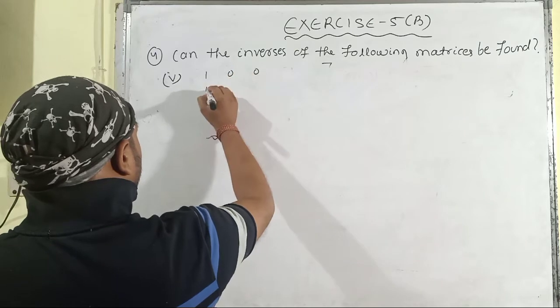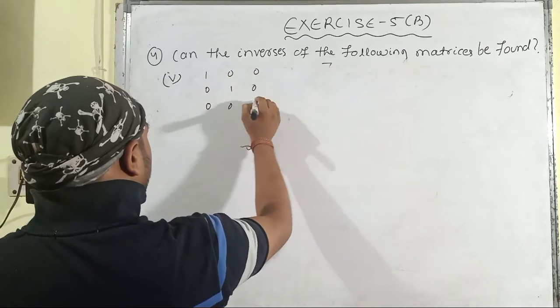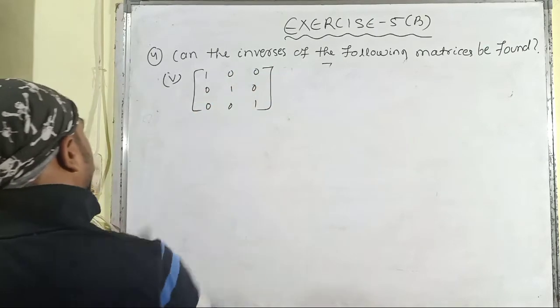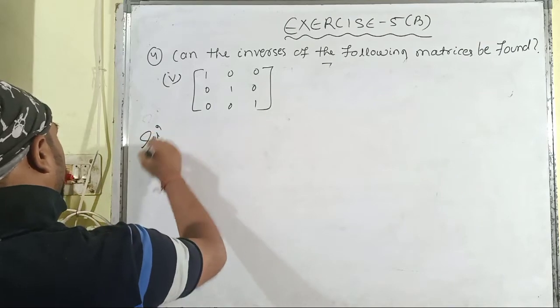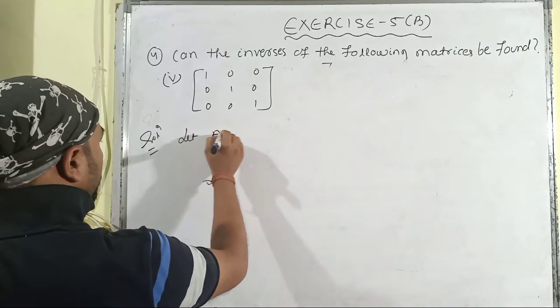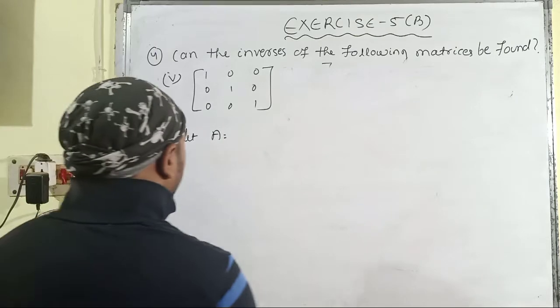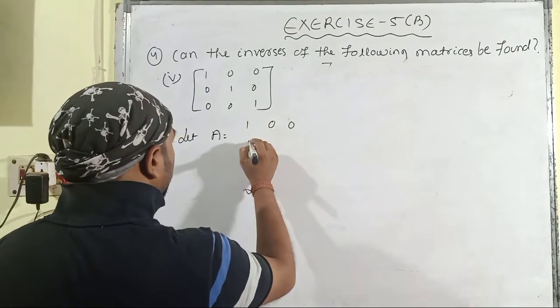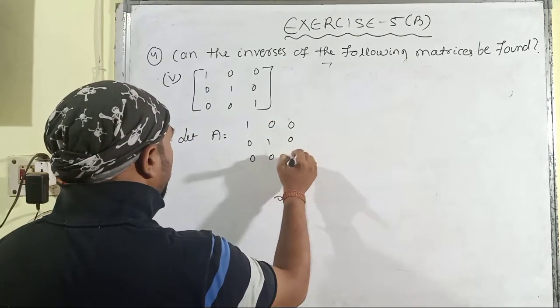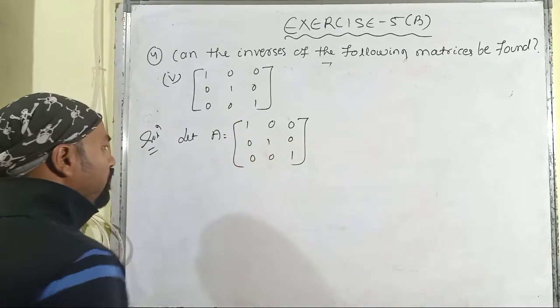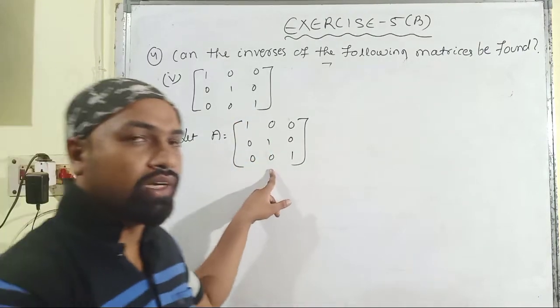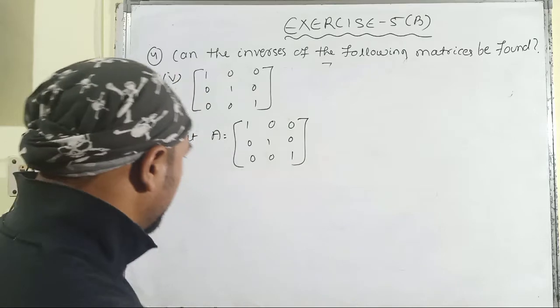1 0 0, 0 1 0, 0 0 1. So here is the solution. First of all let us consider it as the matrix A, 1 0 0, 0 1 0, 0 0 1. As all of you know, this is an identity matrix of order 3.